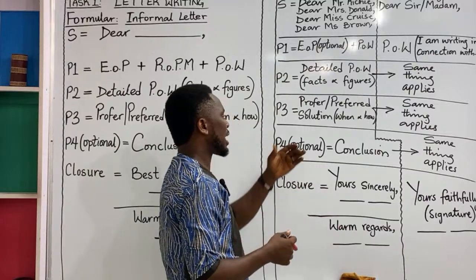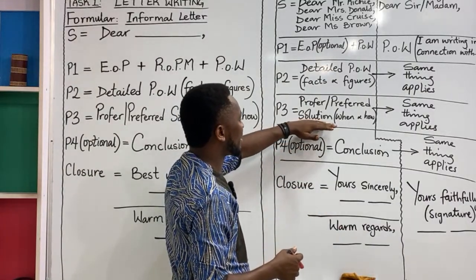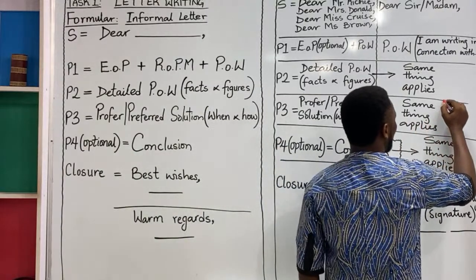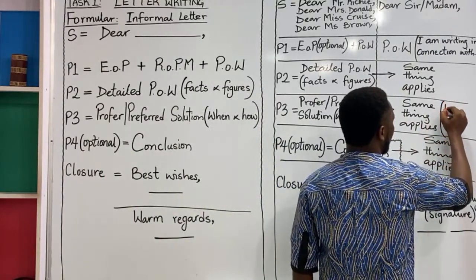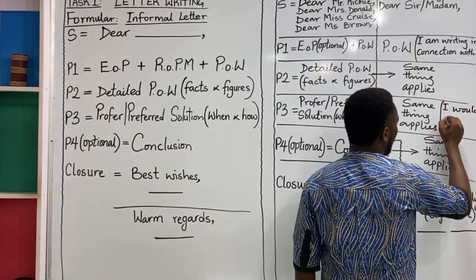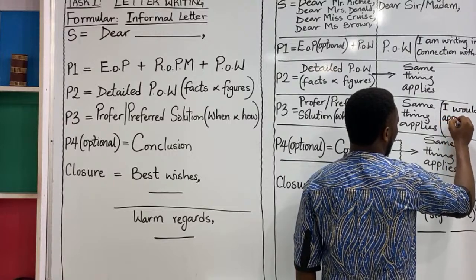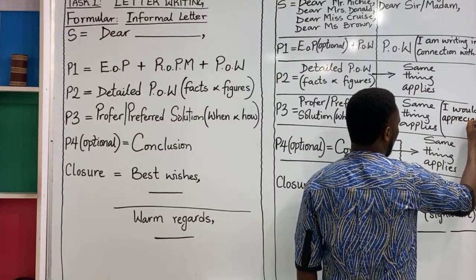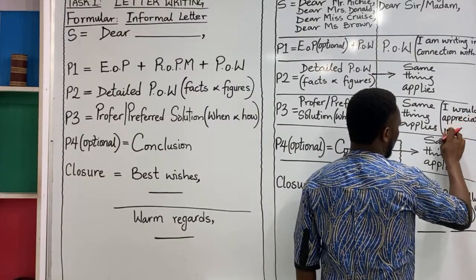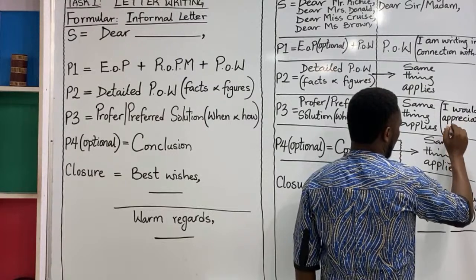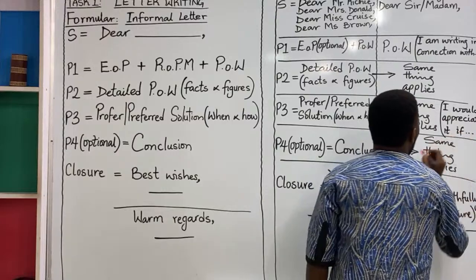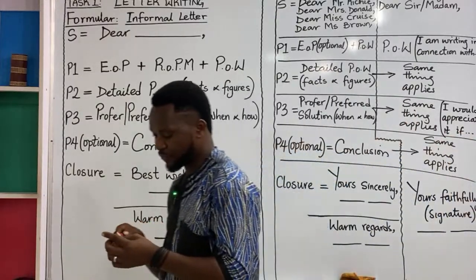Then your paragraph 3, there is also a standard template. You can choose to bring in that template either in paragraph 3 or in your fourth paragraph. What's that template? That's you saying, I would appreciate it if.